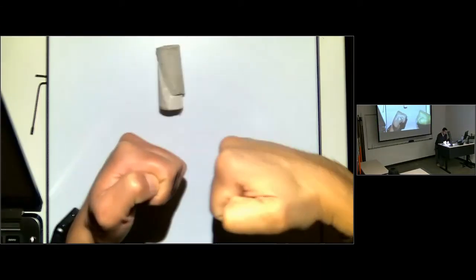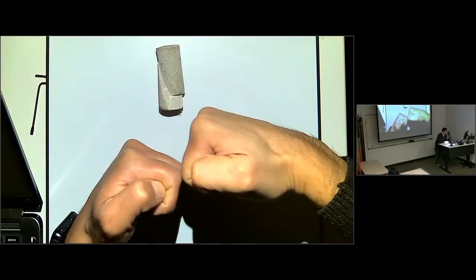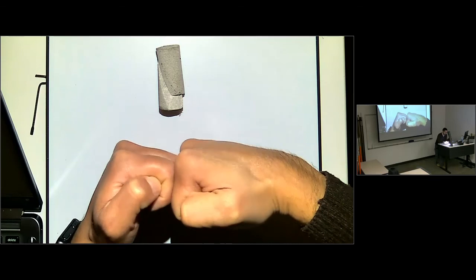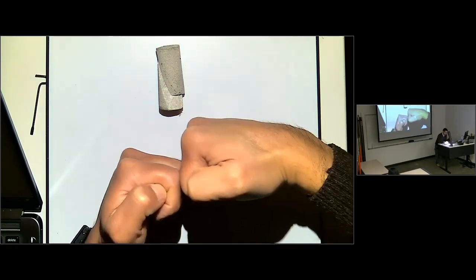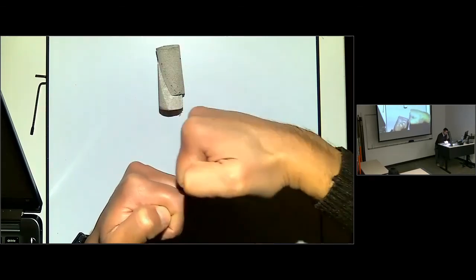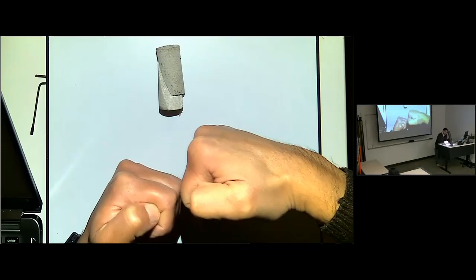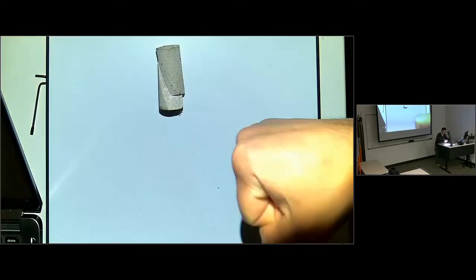Wait, let me zoom out to make it clearer. So if these are here and you need to move this over this one, my hand has to be further away in this direction to go on top of this grain. And as it goes on top of this grain, the fracture dilates, and this dilation is what makes the rock get bigger.